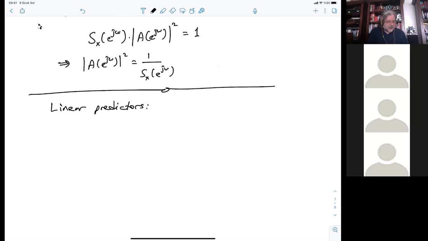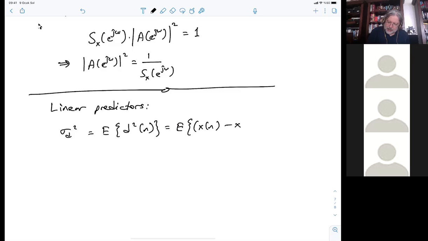And I will talk about the minimization of this expression, which is the expected value of d squared, which is the expected value of (x minus x hat) squared.